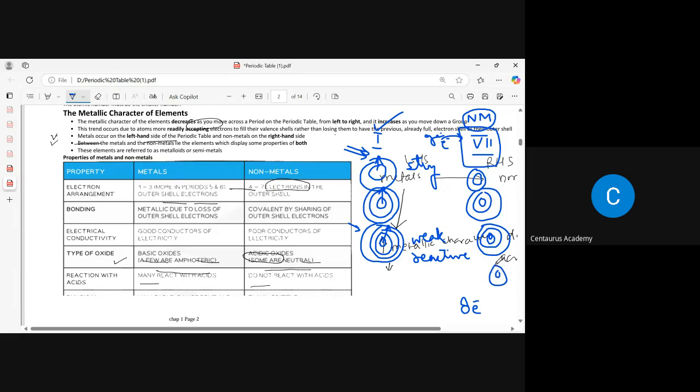This means that the nuclear pull is going to weaken at the bottom, and the nuclear pull is very strong at the top. This nucleus wants to attract the incoming electron towards itself with its strong nuclear pull. But down below, because of added electron shells, the nucleus.